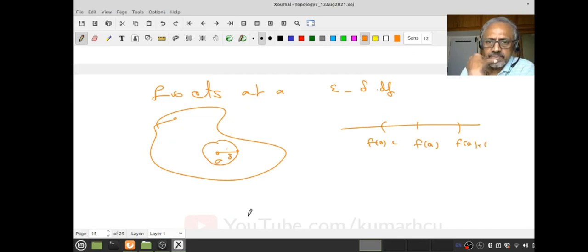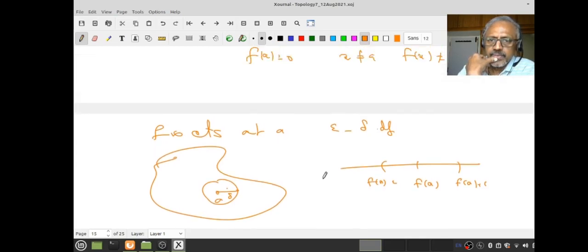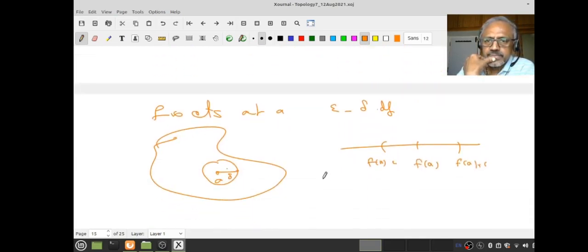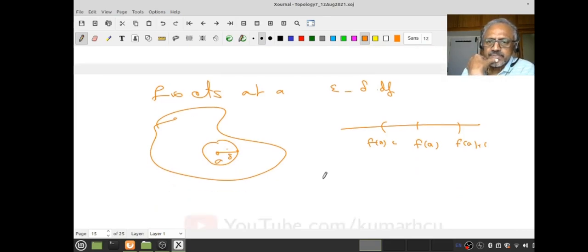So what is it that I want? Let us look at what is f(x) minus f(a). I want to estimate this. To check continuity, I have to estimate this.